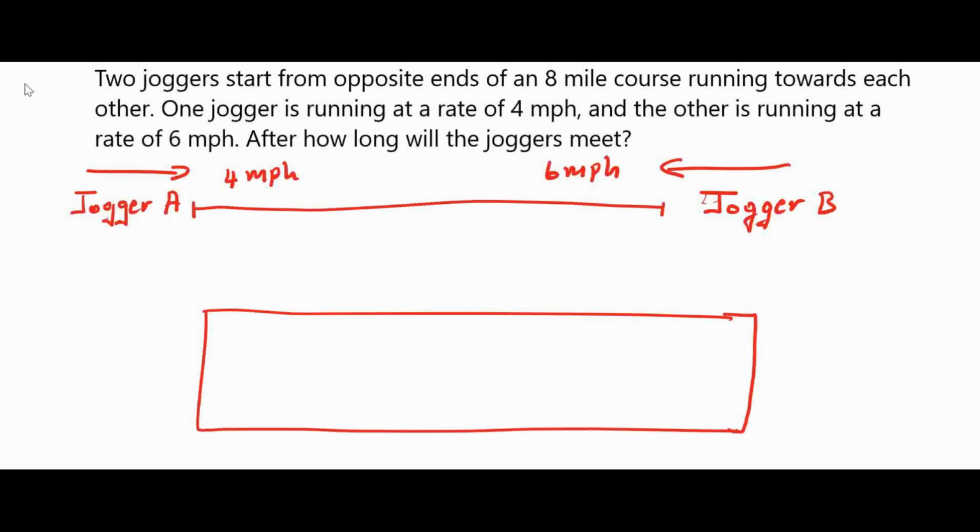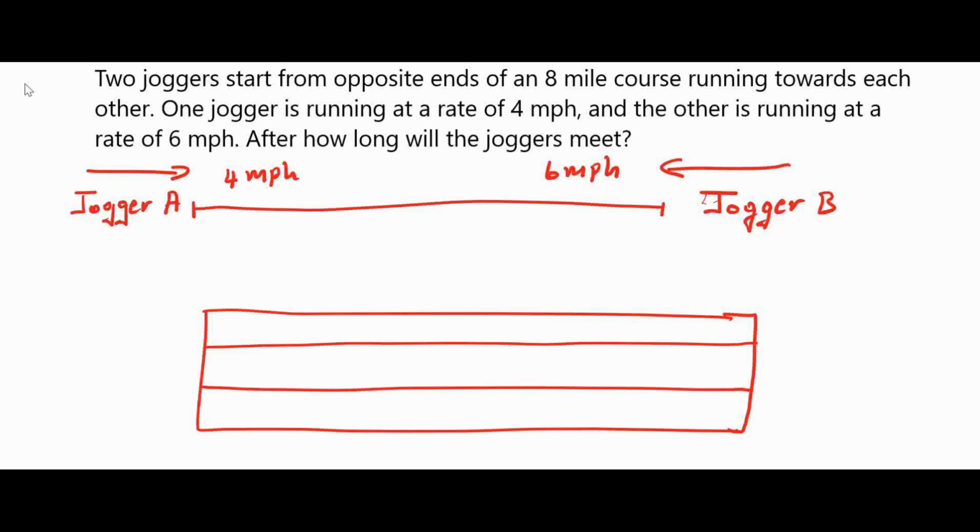So we can prepare this like this, and this is jogger A, and also jogger B. This is the rate, this is the time, and this is the distance covered.